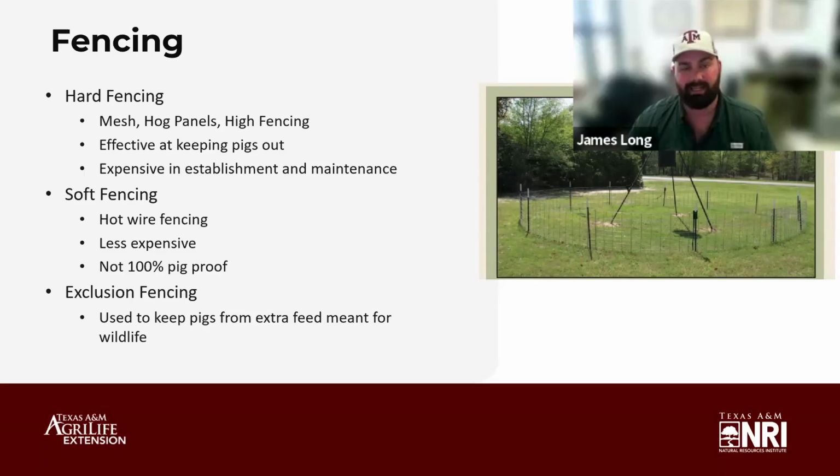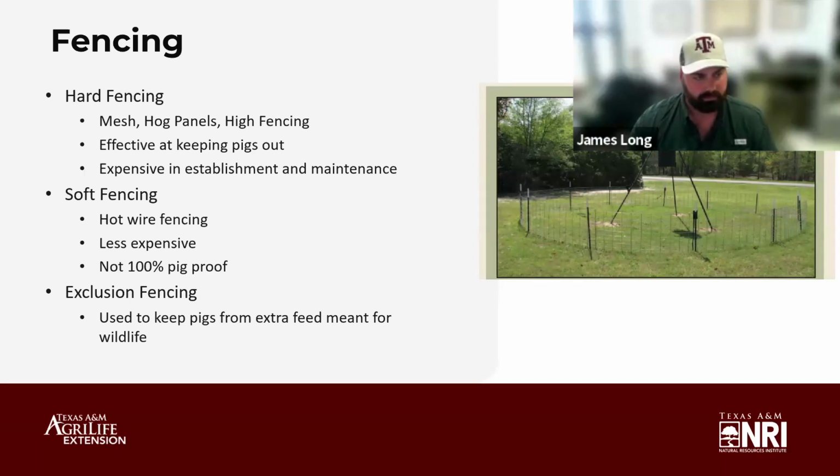But the downside is that it must be constantly upkept due to weather and animal damage, and it is very expensive per linear foot to establish and to upkeep. And so when you talk about land fragmentation, when you talk about small acreage landowners, oftentimes this type of fencing may be out of their reach economically. It may not make sense for them to spend the amount of money that is required to build something like this.